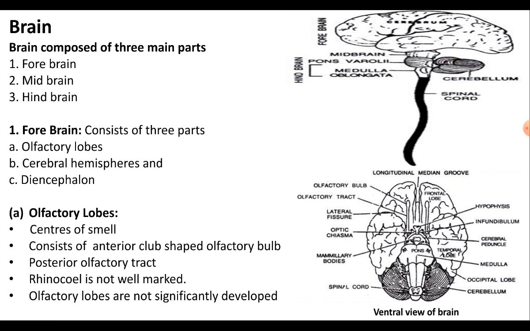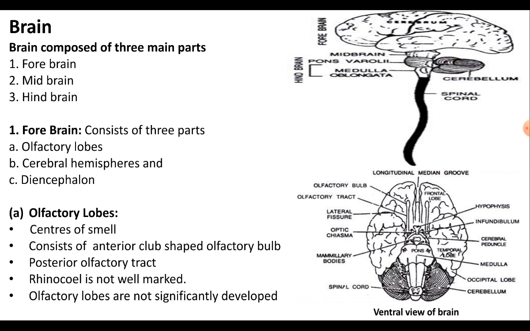Olfactory lobes. You can see the picture of the ventral view of the brain, which shows the location of the olfactory lobes. Olfactory lobes are paired structures and they are present on the ventral side of the brain at the anterior region, and these are the center of smell.